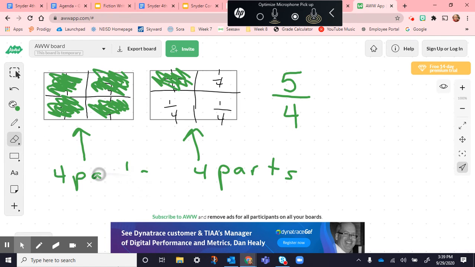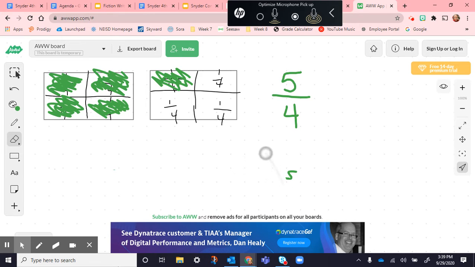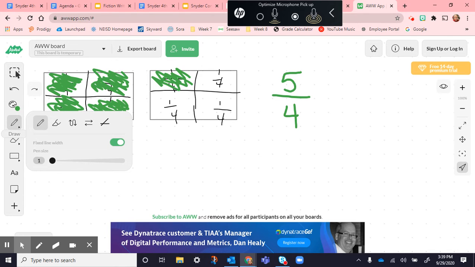So let me make some room over here. So the way that I've written this, 5/4, again, the 5 comes from how many of these parts I have here, and the 4 represents how many parts the whole is broken into.